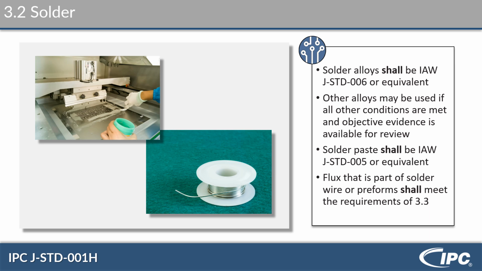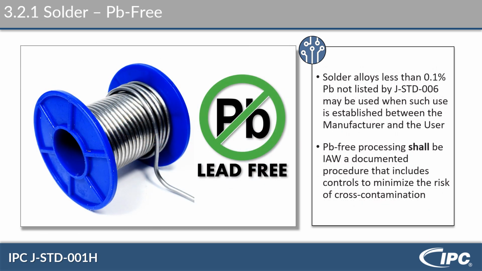Solder alloys shall be in accordance with J Standard 006. Other alloys may be used if objective evidence is available for review. Typically, we'll use a 6337. That's what we have in our class, I believe. So it's 63% tin and 37% lead.